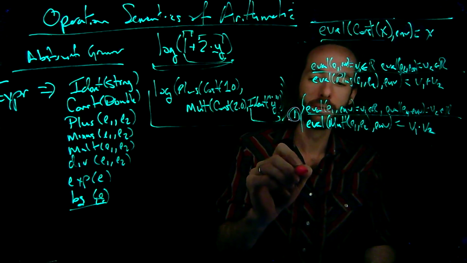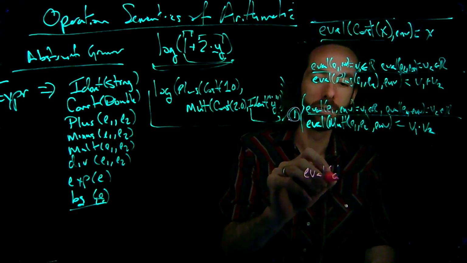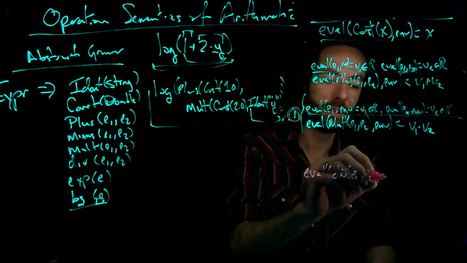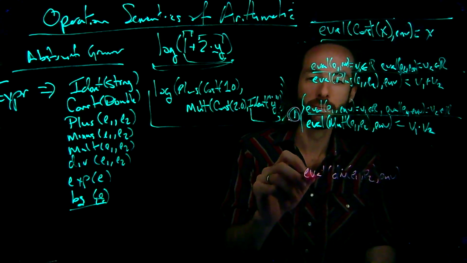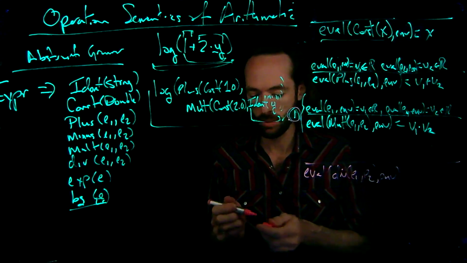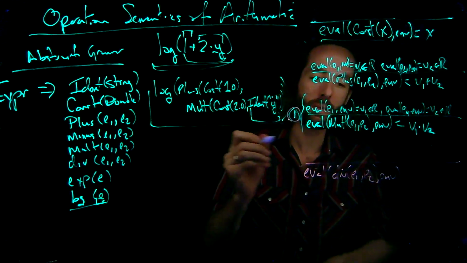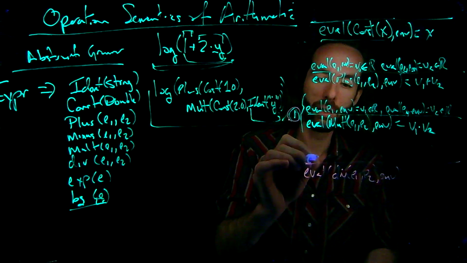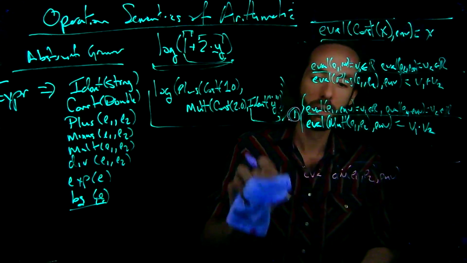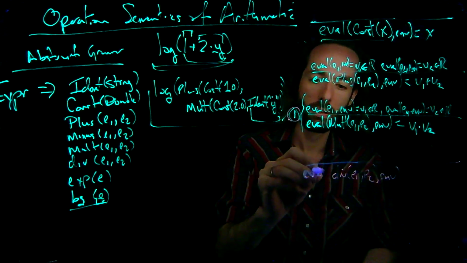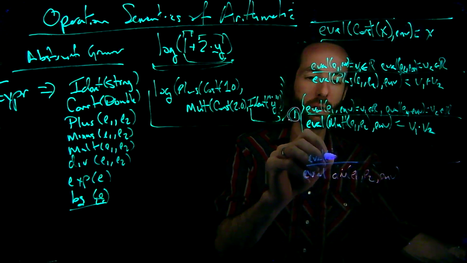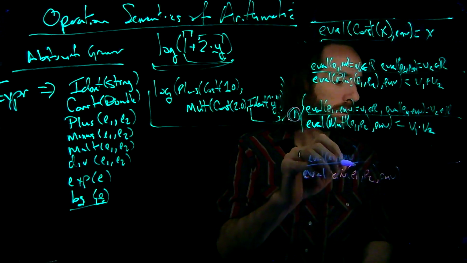Let's do another rule. So let's do division. If we have E1 and E2 under an environment, what should the division rule be? Well, we have our big step, and we're going to have to evaluate E1 under the environment.